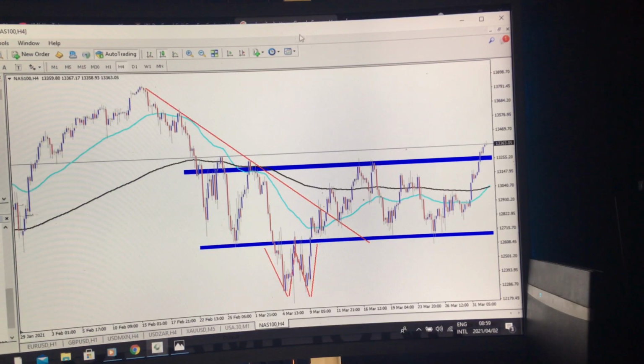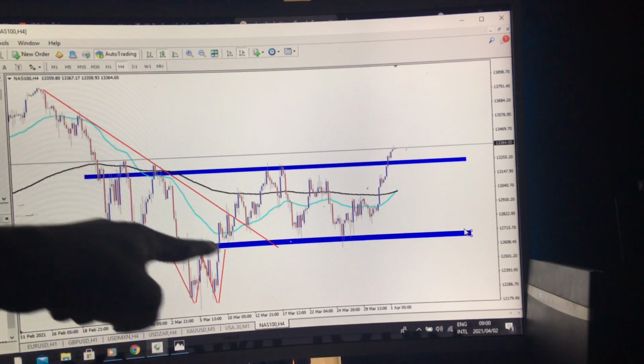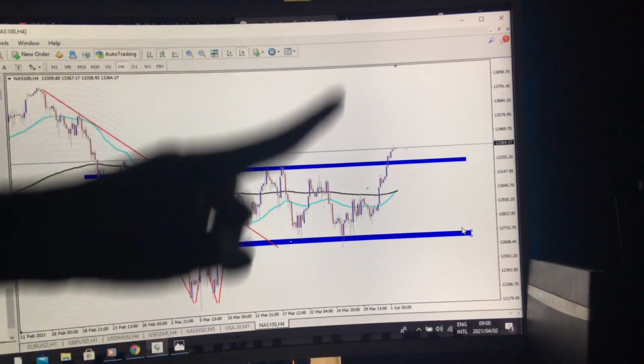Now, look at this. They broke up above the consolidation point, which was this resistance. They broke above it. Now, we know that they dropped for quite some time here, so they need to go up for quite some time.